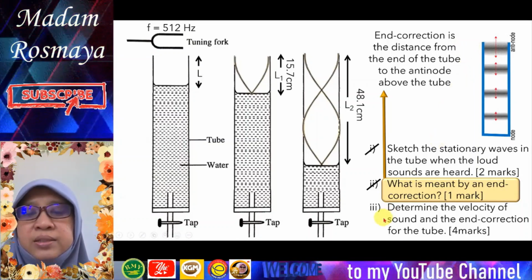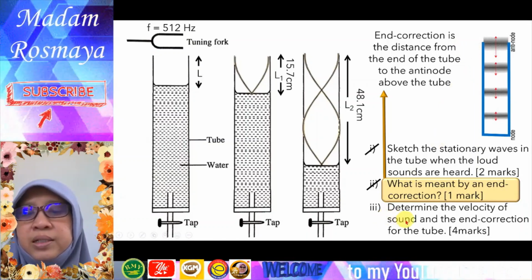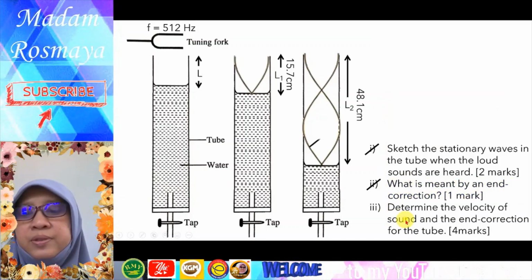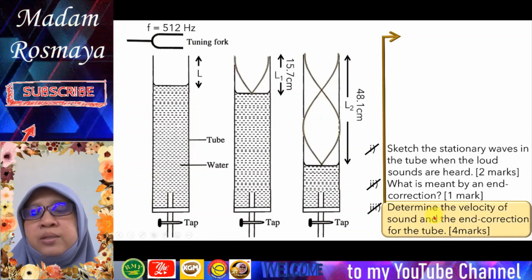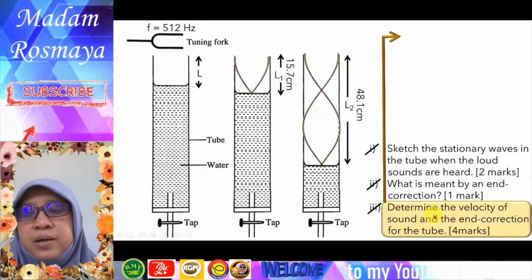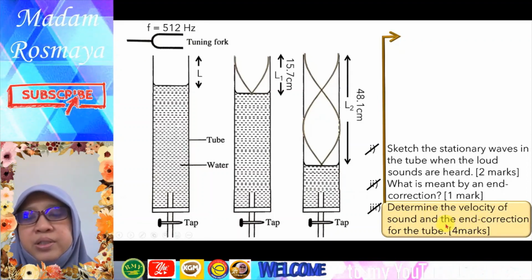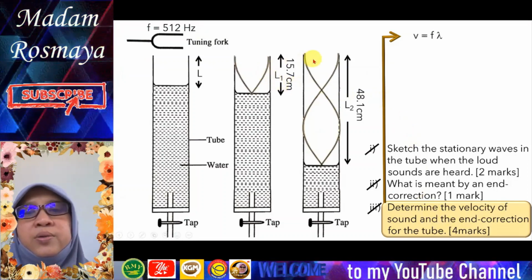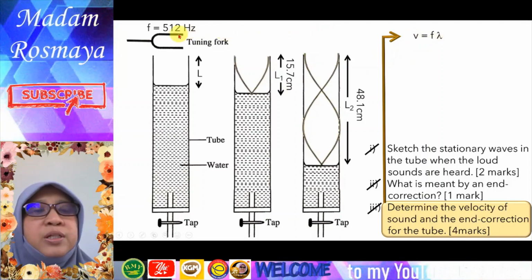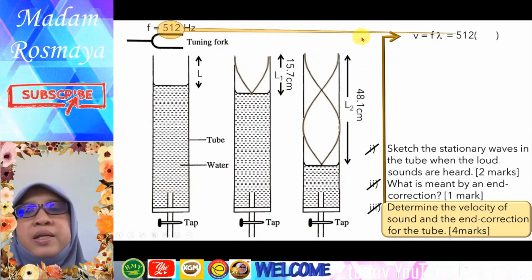Okay, next question 3. Determine the velocity of sound and the end correction for the tube. So we use v equals f lambda, because the frequency is given here, 512.